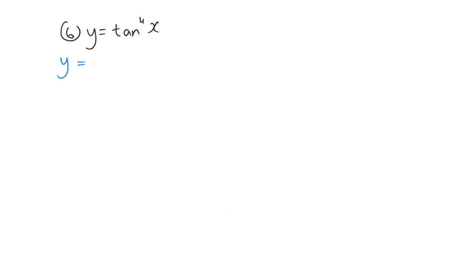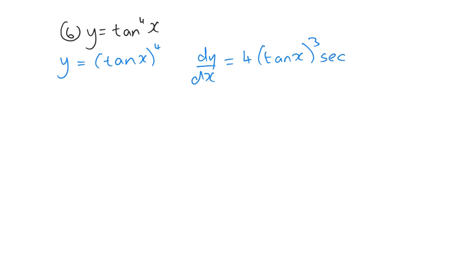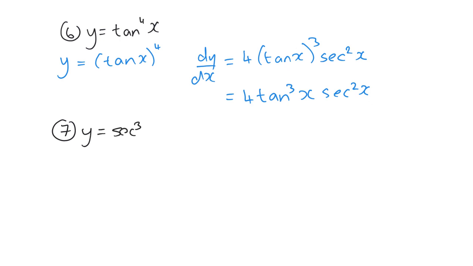Number 6 then, y equals tan to the power of 4x. Again, write it as tan x all to the power of 4. So when we differentiate, we get 4 tan x cubed, and then when we differentiate what's in the bracket, differentiate tan, we get sec squared x. And again, I would write that as 4 tan cubed x sec squared x. Number 7, y equals sec cubed x.